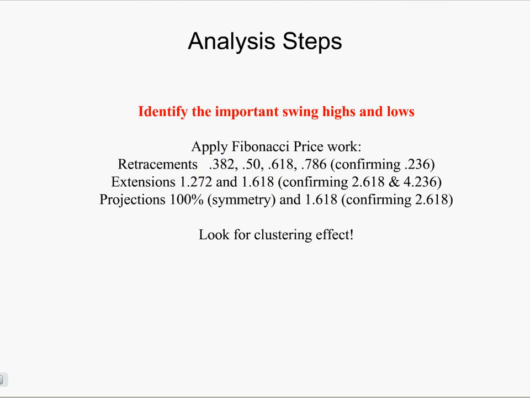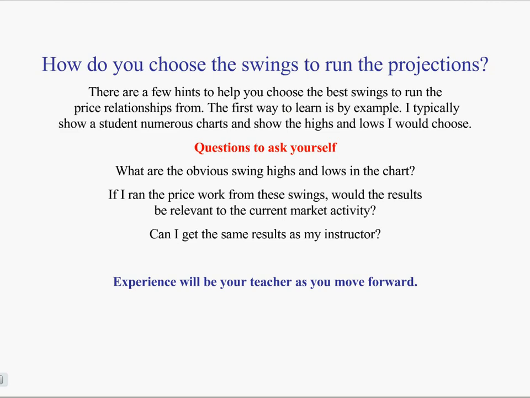A two-step pattern will also be a price cluster, because it will include the retracement of one swing. It will include the extension of another swing, either 1272 or 1618 typically, of the prior low to high or high to low of the zigzag pattern. And then it will also typically include a 100% price projection of the first swing down or up in the zigzag pattern.